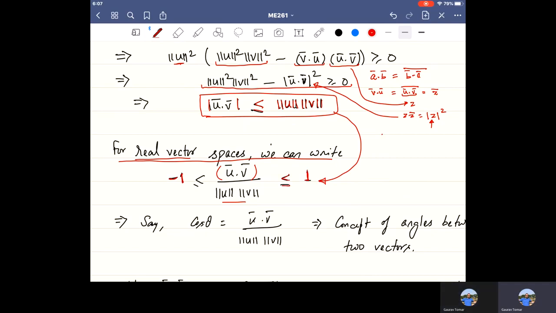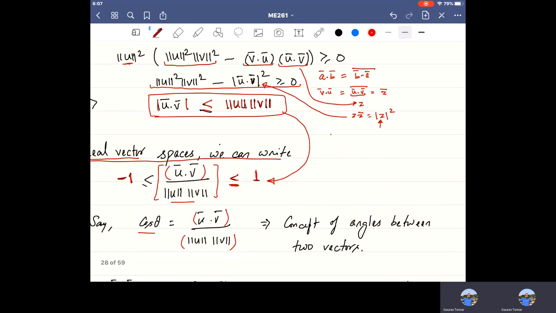Correct? Now, once you know that, you say, most of my trigonometric functions like sine and cos have values between -1 and 1. So why don't I do this? I say cos theta is u dot v divided by norm of u into norm of v. As soon as we define this quantity as cos theta, we get the concept of angle between two vectors.